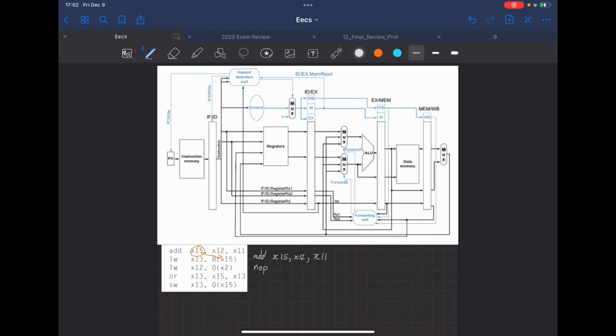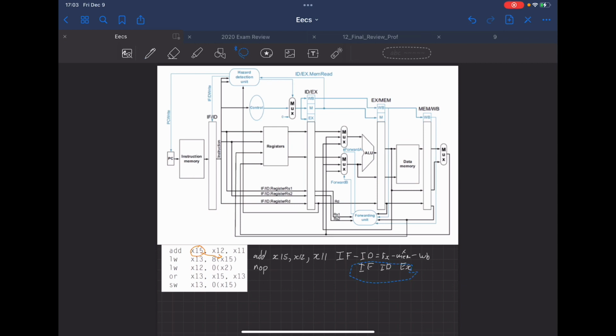If we write it out: instruction fetch, instruction decode, execute, mem, which we don't use in that one, and then write back. Now we need instruction fetch, instruction decode, execute, and we need this execute to be after this write back.